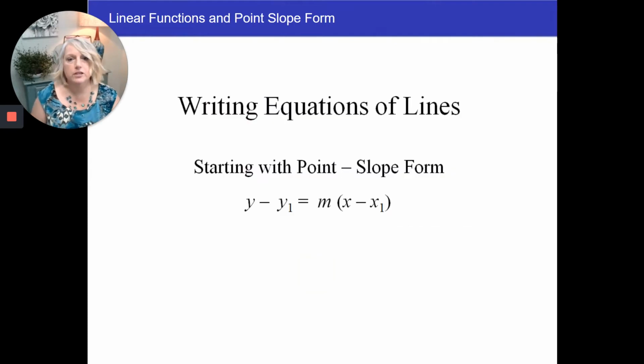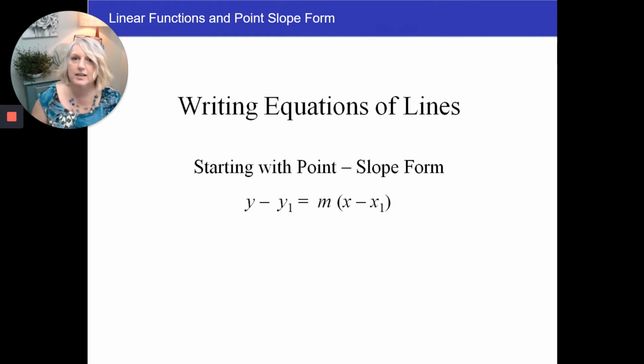Now, linear functions: the biggest thing is that you need to make sure you can write the equation of a line in point-slope form. This is the most important one that we're going to use in calculus. We pretty much consider y equals mx plus b, the slope-intercept form, the toddler version of the equation of a line.